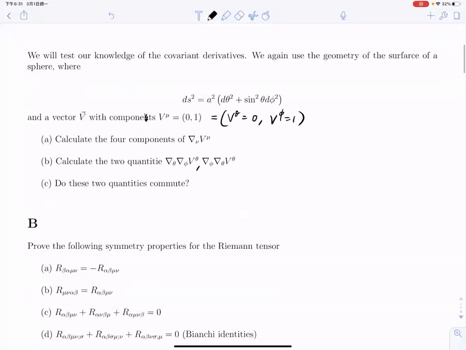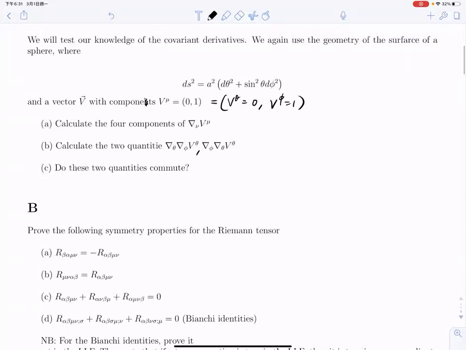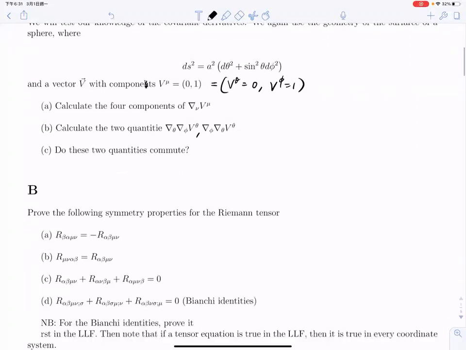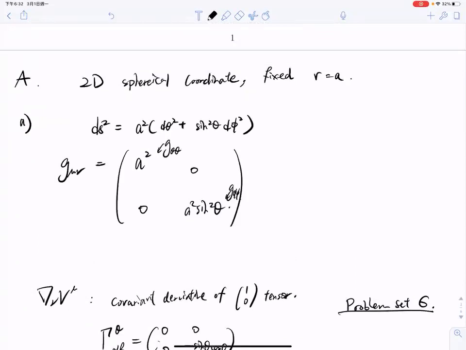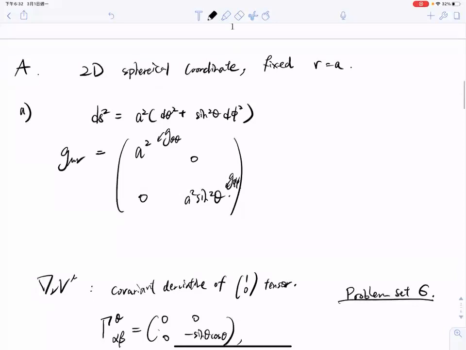Then we have to calculate the covariant derivatives of the vector and two different quantities, and discuss why these two quantities do not commute with each other, and the physical picture behind the non-commutativity. Here is our first question's answer. Make sure you have finished this question beforehand.